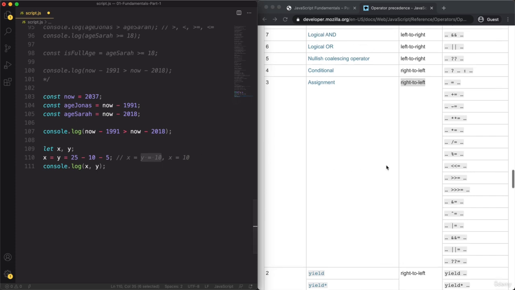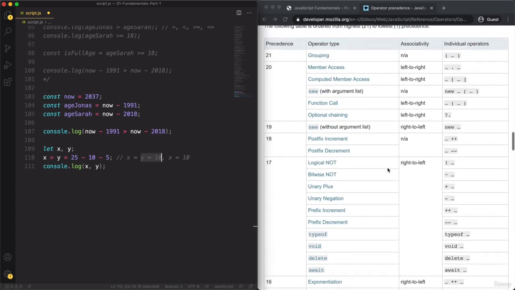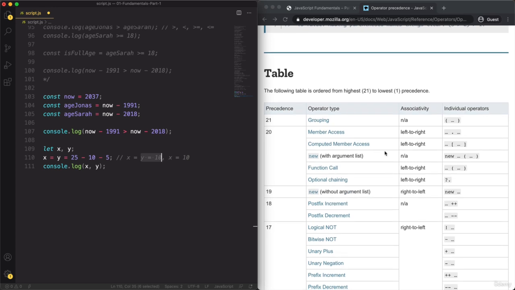And now to finish, let's just check out the one with the highest precedence, which is this grouping. So basically using parentheses. And that actually works just like in mathematics, where operations within parentheses are also executed first. So I hope you remember that from school. And a great example is to calculate the average of two values.